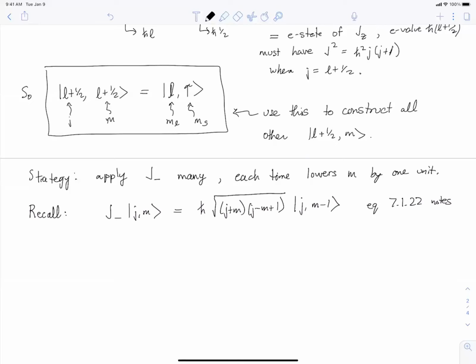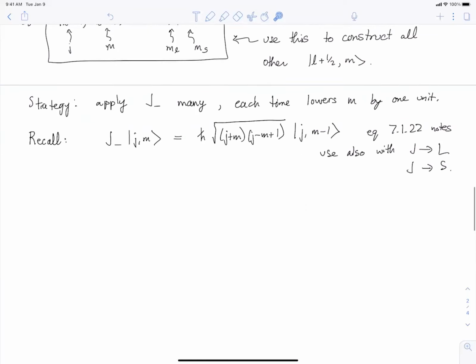And this is written for J, but we're going to use this also with J replaced by L and with J replaced by S, because its derivation only relied on the fact that it was an angular momentum operator. And so it's true for any angular momentum operator, anything that satisfies the same commutation relations, including J, L, and S as well.